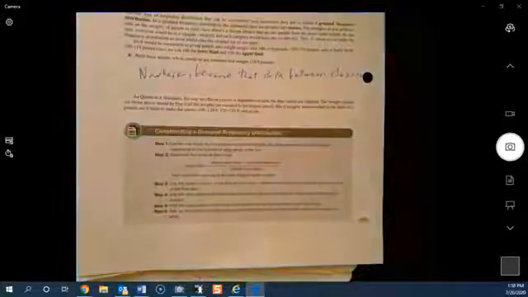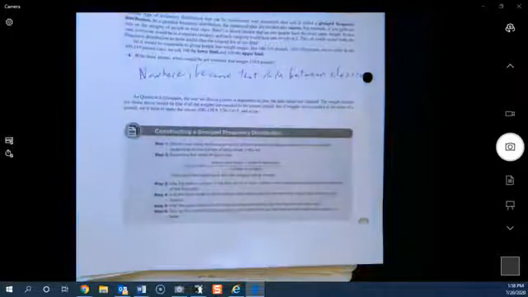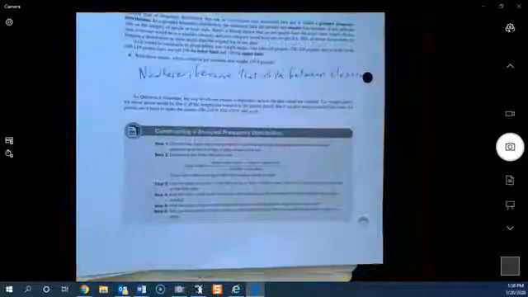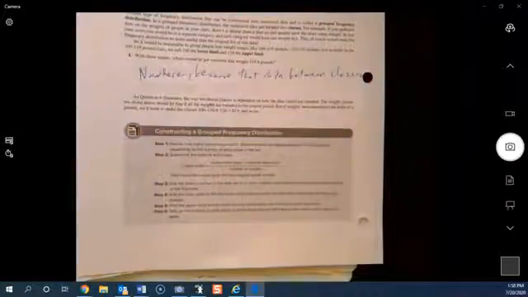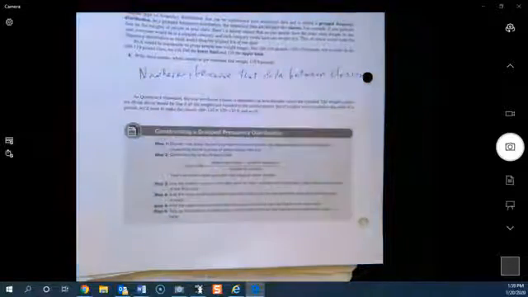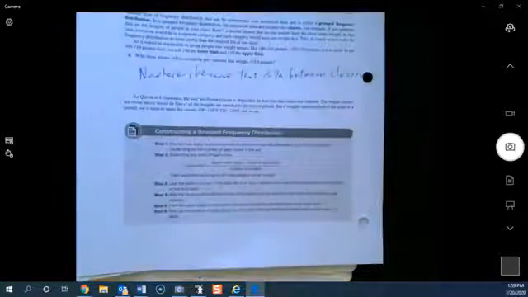Now the class width is the largest data value minus the smallest data value divided by the number of classes. Now we'll get to that. Then it says, then round this value up to the next biggest whole number. So even if you have 5.01, you still would go up to 6. It's not typical rounding. You just go up to the next biggest whole number.